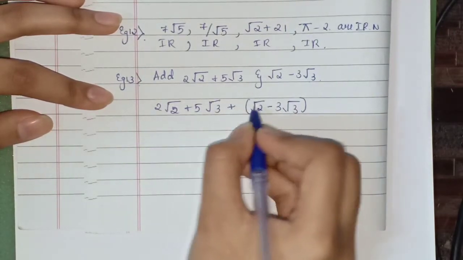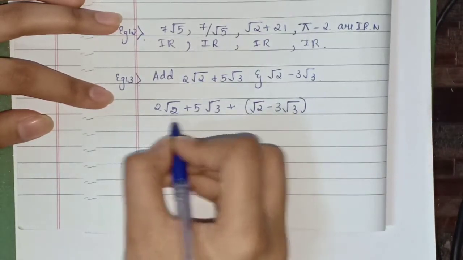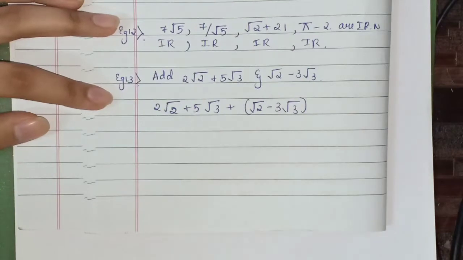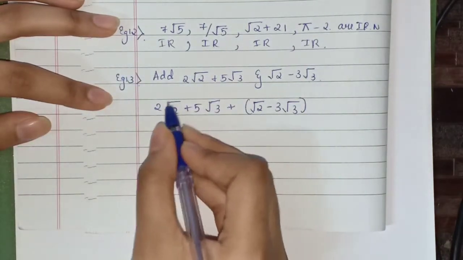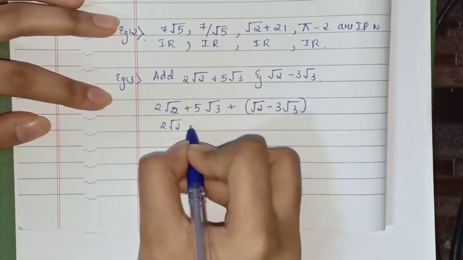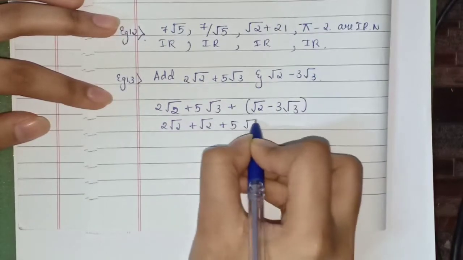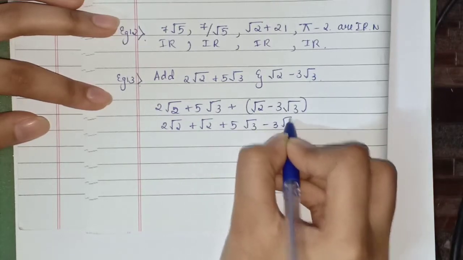Even if you open this bracket, it's going to be the same, so don't worry about the bracket. Now group the like terms, which is group the numbers which have root 2 and group the numbers which have root 3. Let us group it: 2 root 2 plus root 2 plus 5 root 3 minus 3 root 3.